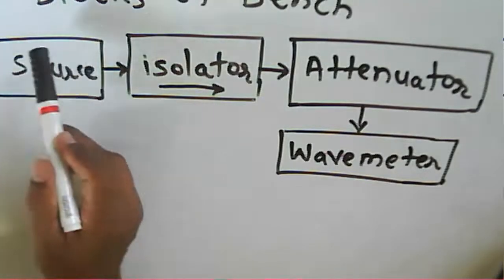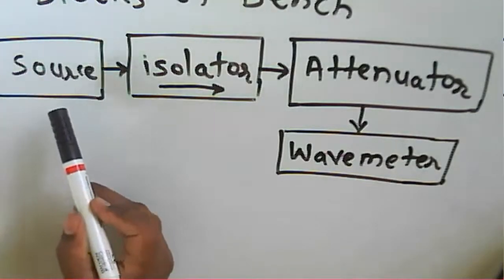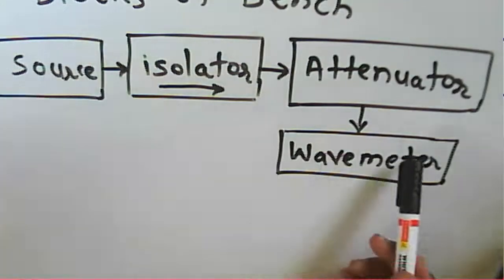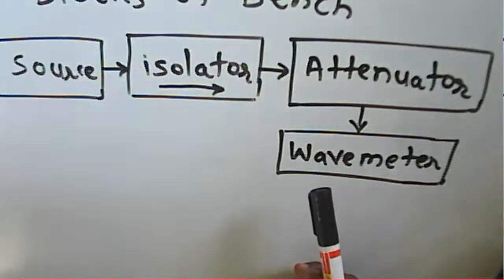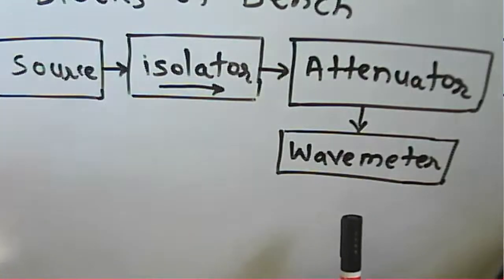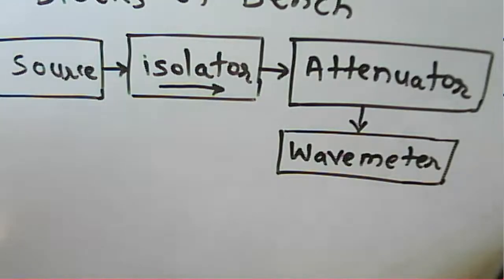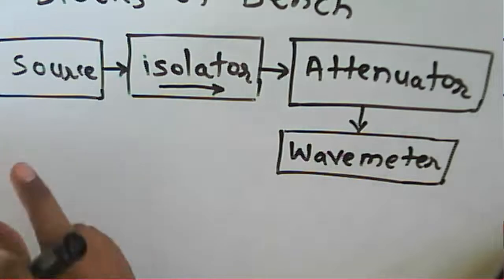The source generates the microwave signal, and the frequency of that signal can be measured through the wave meter.